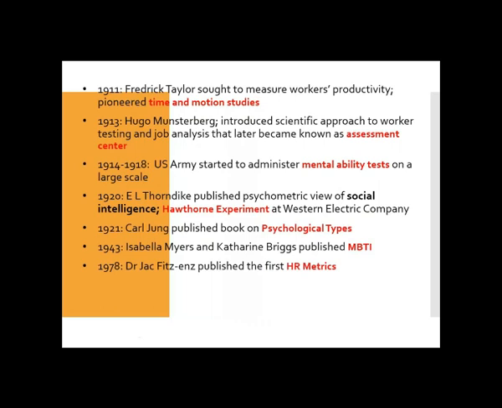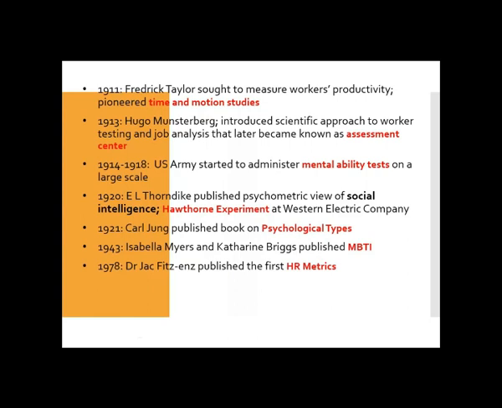In 1978, Dr. Jac Fitz-enz published and coined the term HR metrics. You will be surprised that until 2010 HR metrics did not evolve too much. I was reading the literature review. The HR metrics you are seeing in 2020 is an evolution that happened in the last 10 years.